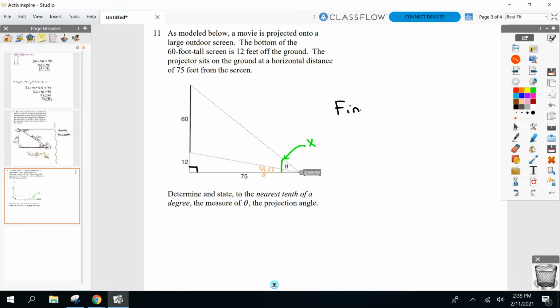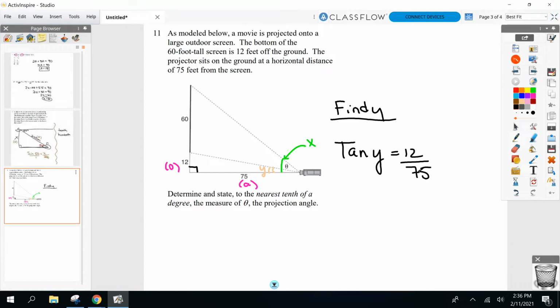I'm going to find y now. So let's see, what are the 12 and the 75 from y? Looks like opposite and adjacent. 12 is opposite. 75 is adjacent. So I'm going to use TOA, tangent. Tangent of y equals opposite 12 over adjacent 75.